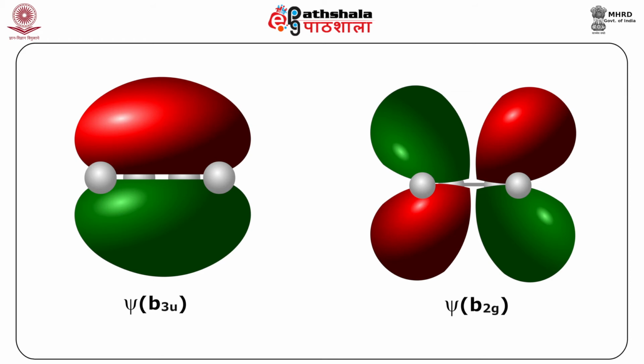This is a bonding orbital, and the one on the right, B2g, you find that the maroon and the green regions are separate from each other, so it is an anti-bonding orbital. It is the B2g orbital, because you find that the overlap is negative between the 2 carbon atoms. So we call it the pi star orbital, and the first one the pi orbital.